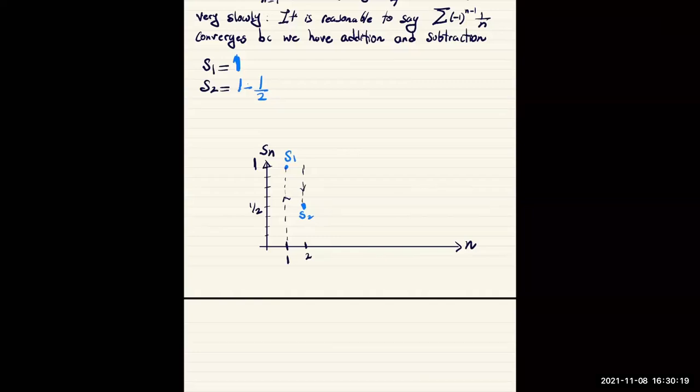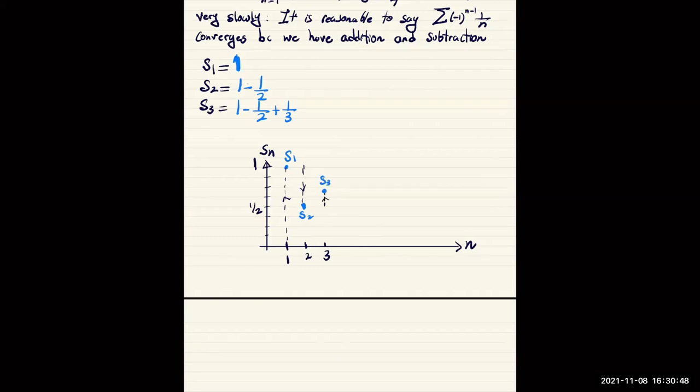And then S3, go back up by a third, because S3 is 1 minus 1/2 plus 1/3. From the previous step, you add 1/3. So just go a third of the way up, you get to S3.